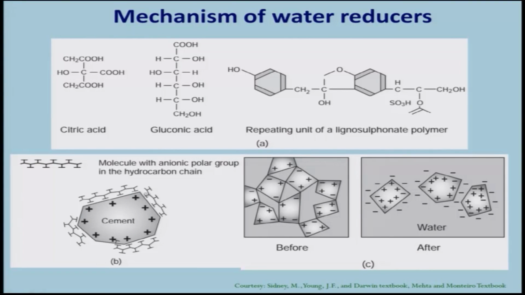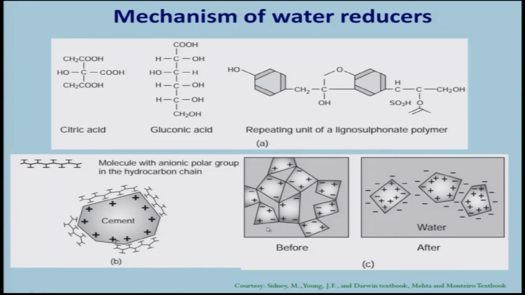Now what we have to know is that the cement grains have positive charges on the surfaces. And why do they have positive charges? Primarily because the calcium oxide content is much higher, so the calcium oxide has positive charges. And when you have the water reducers in the mixture, they are usually negative charges and they usually occupy the surfaces of each and every cement grain.